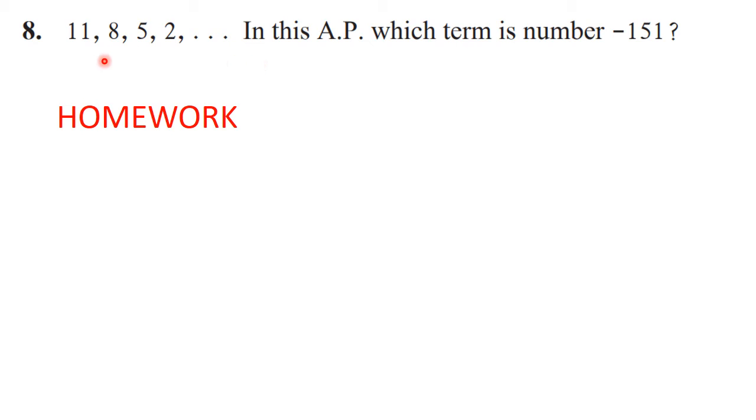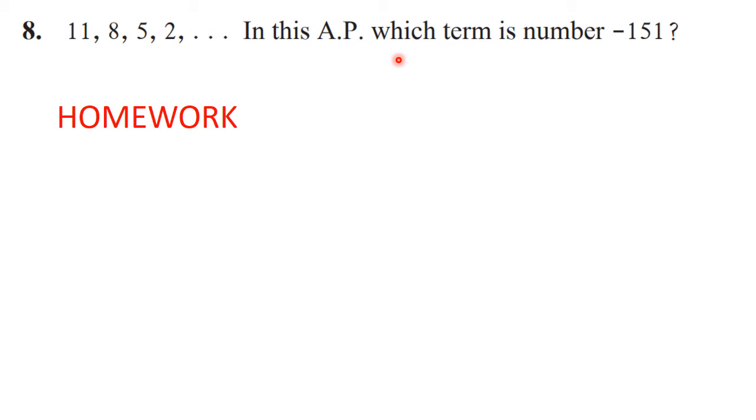Here, this is an AP and from this you can write down value of A as 11 and D, the common difference, 8 minus 11, see T2 minus T1, that is minus 3. So here A is 11 and D is minus 3. If you want, you can write down the hints there that A is 11 and D is minus 3.